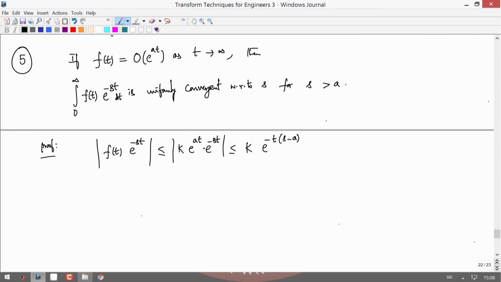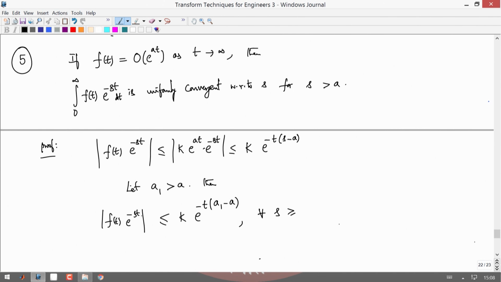Now if s is bigger than a, you choose some a1 bigger than a. Then the modulus of f of t times the above is less than or equal to k times e power minus t times a1 minus a. Okay, so this is true. Where is this valid?